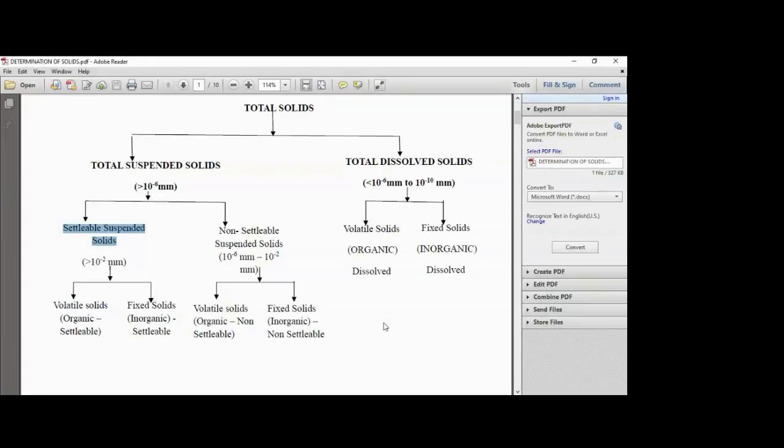Similarly, the redox reaction will also help the non-settlable fixed solids get converted into settlable solids, and they will settle in the secondary sedimentation tank and get removed, right? So your non-settlable suspended solids are turned into settlable solids in the aeration tank because of the redox reaction, and then they settle in the secondary sedimentation tank.